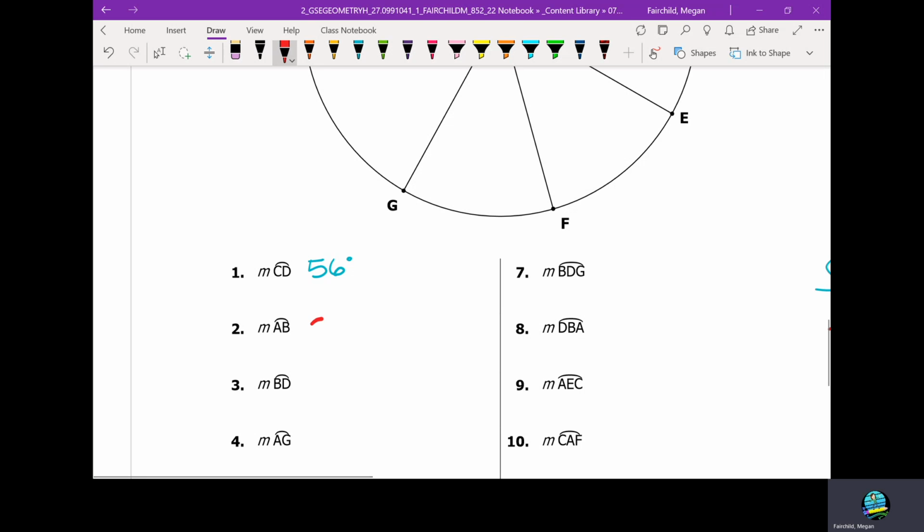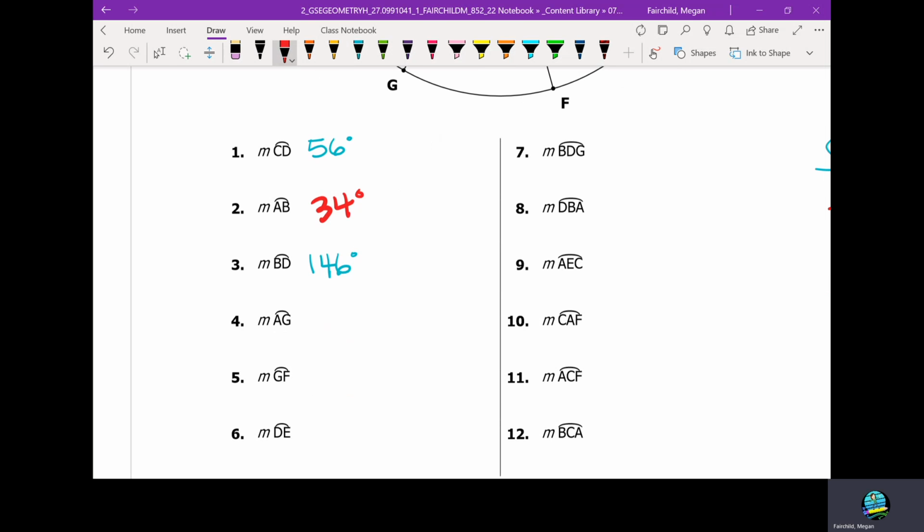All right, y'all agree with that over here? Indeed, indubitably, I like it. All right. Alex, number 3. 146. Y'all good with that? Okay. Number 4, Jeremy. 56.